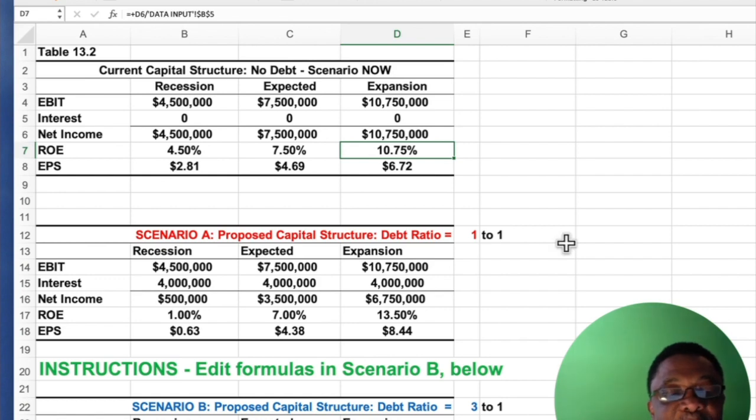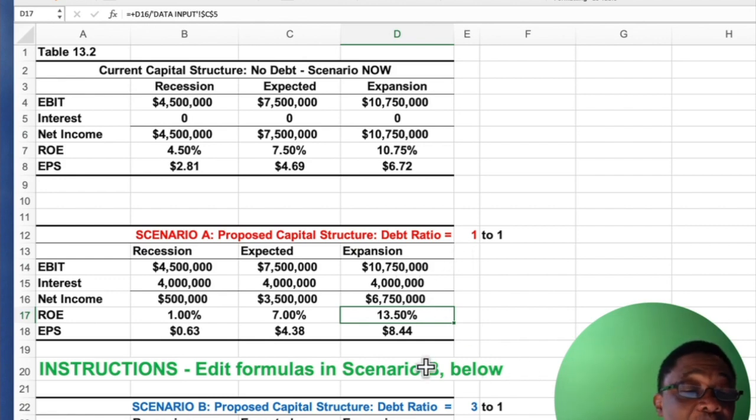But if we have a debt ratio of 1-to-1, then our return on equity is 13.5%, which is better than this 10.75. So if our EBIT is greater because there's a boom economy, then the leverage helps us.